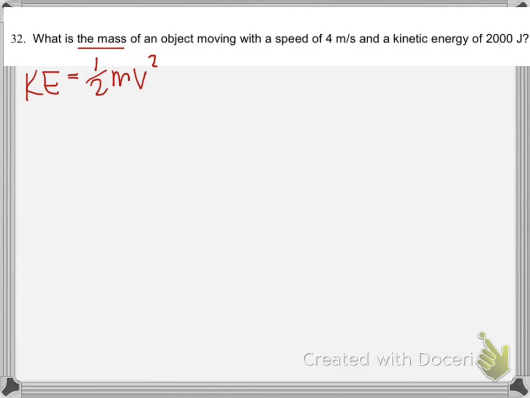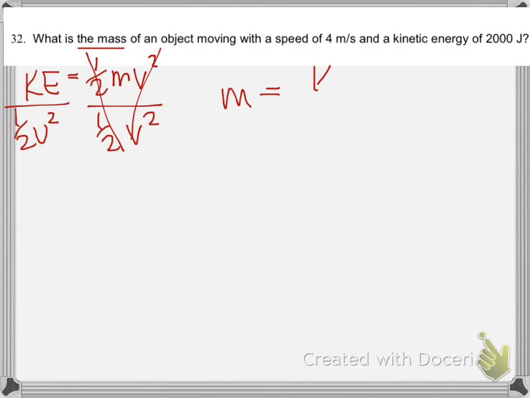In order to do that, we are going to divide by half and by our velocity squared. When we do this, they will cancel out here, and we will divide by them on the other side. And we will get the equation that our mass equals our kinetic energy divided by half of our velocity squared.